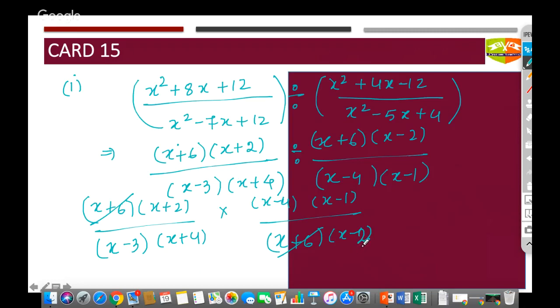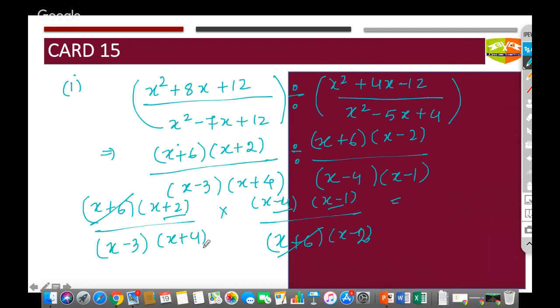So now what happens is, in the numerator what I'll get is x plus 2 x minus 4 x minus 1, and is there anything else canceling out?